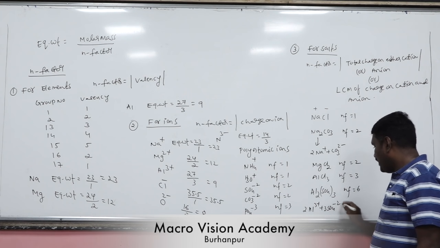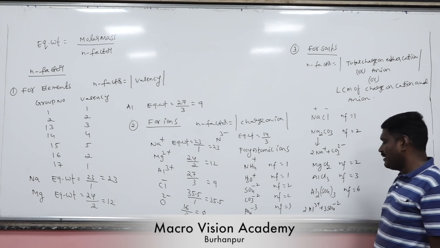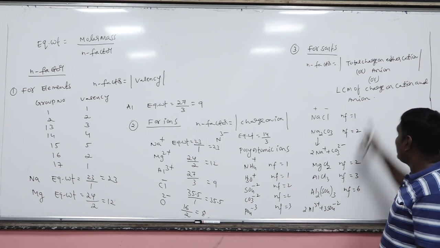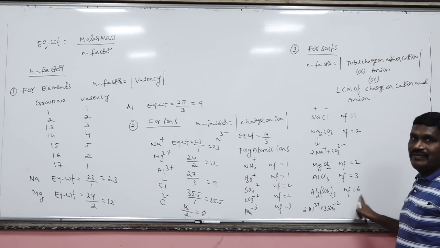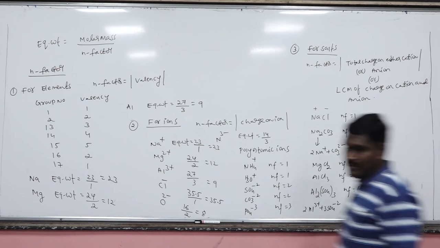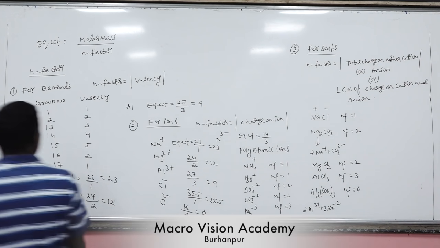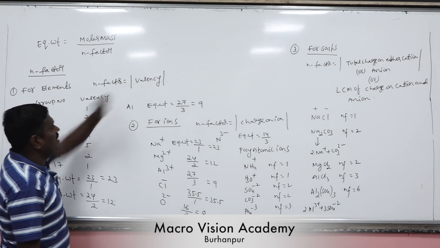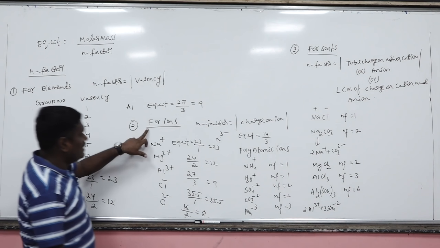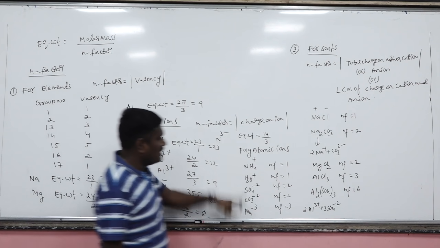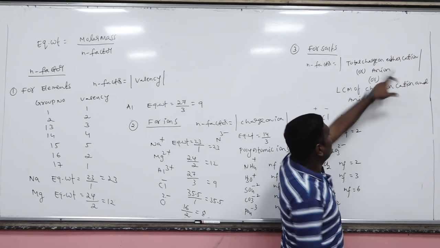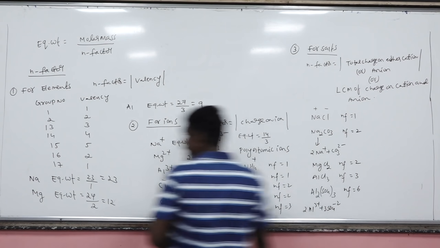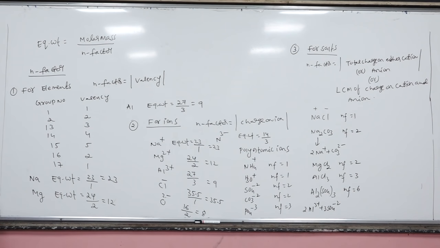If you see total charge on cation or anion, otherwise the LCM of the charge of cation and anion, 2 into 3, that is 6, is the n factor. So n factor for elements, simply we can use the valency of that element. In case of ions, we have to use the charge on the species. In case of salt, we have to take the total charge on either cation or anion, or the LCM of the charge of the cation and anion.